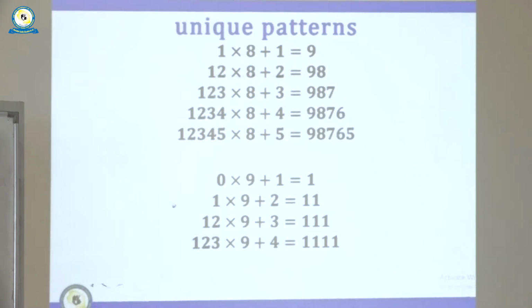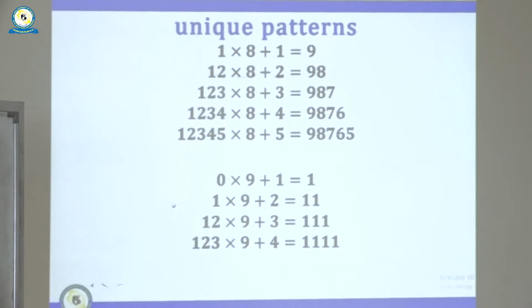Therefore, we can find that the numbers which are equal are in a certain pattern like 9, 98, 987, 9876, 98765.